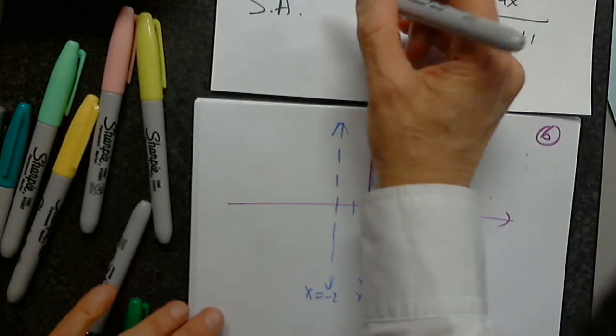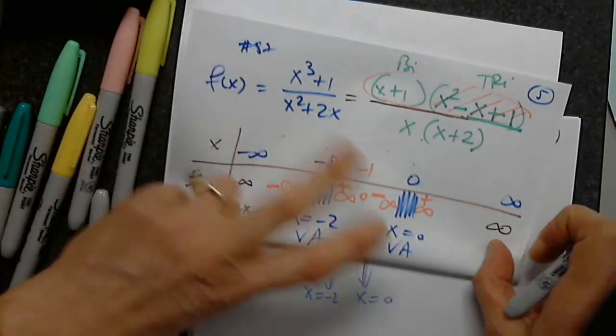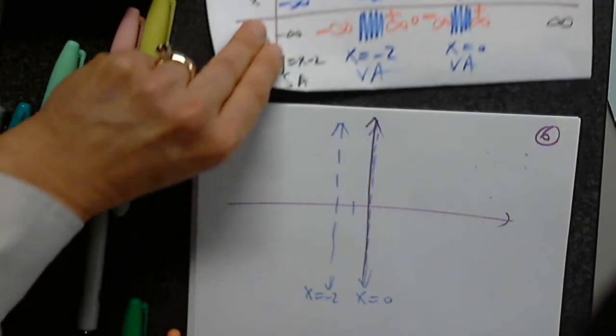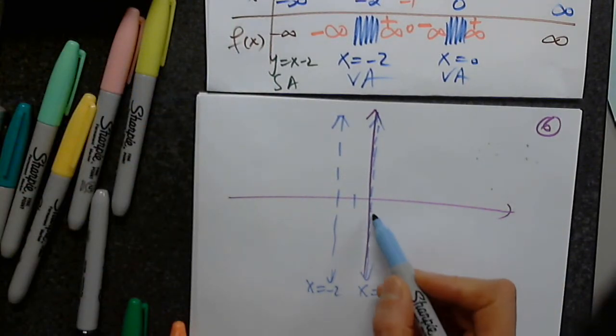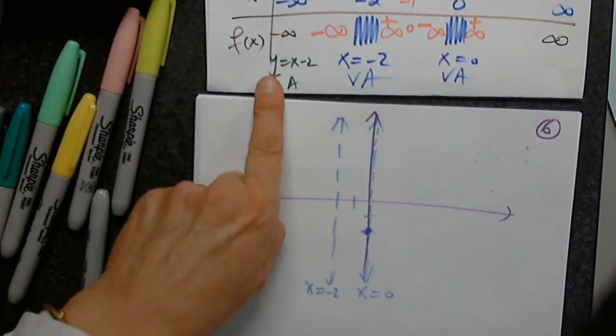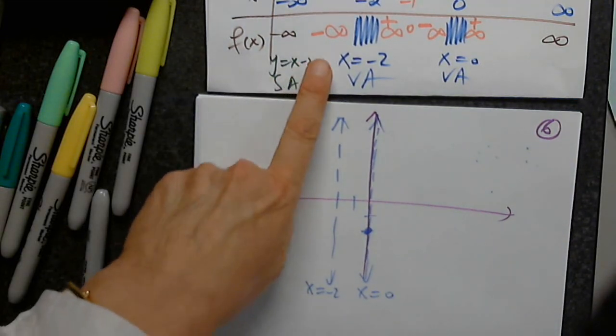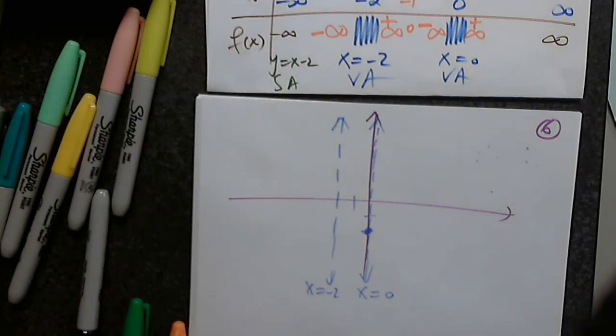But how do I graph y equals x minus 2? When x equals 0, y is negative 2. And when y is 0, bring negative 2 to the other side. 2.